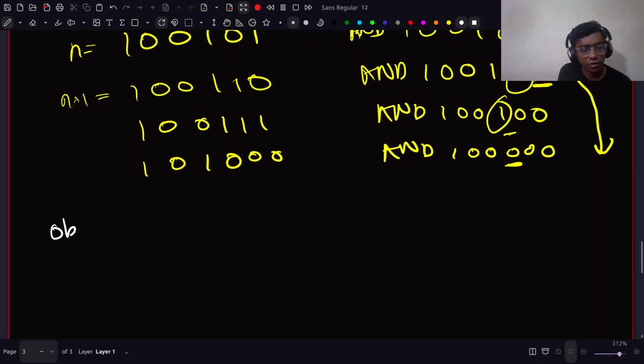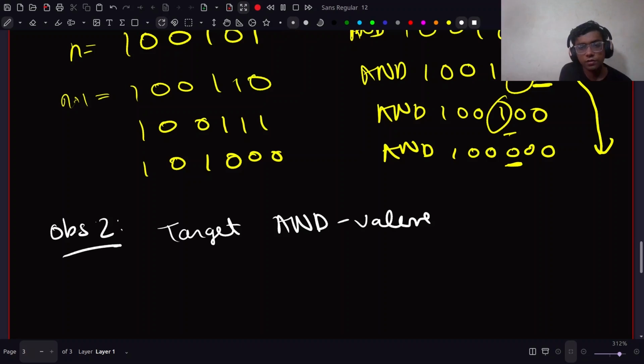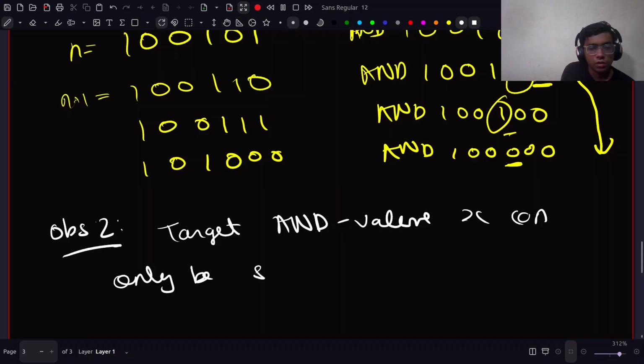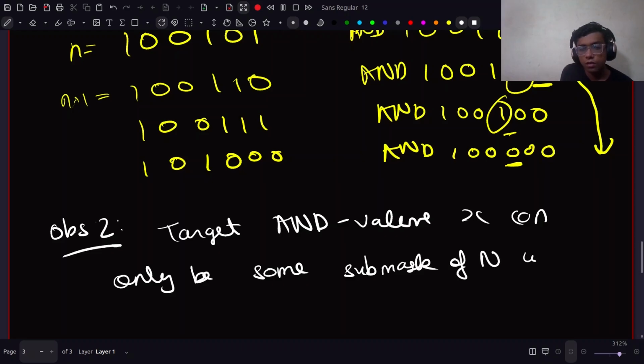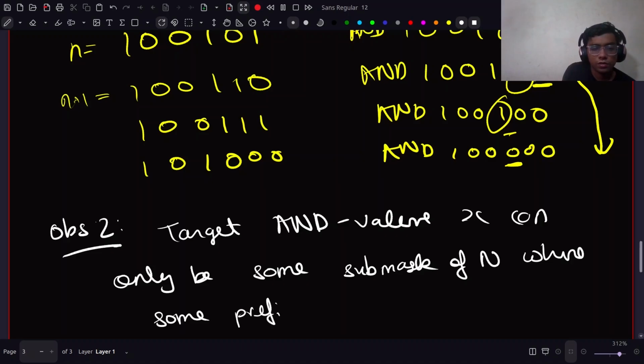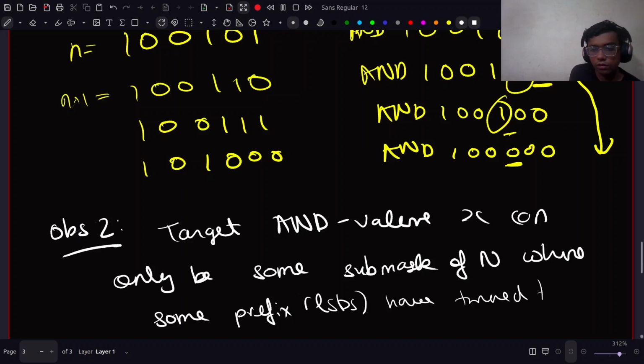Okay, so let's write down our second observation: our target AND value x can only be some submask of n where some prefix, prefix means LSBs, sorry, LSBs, have turned to zero.